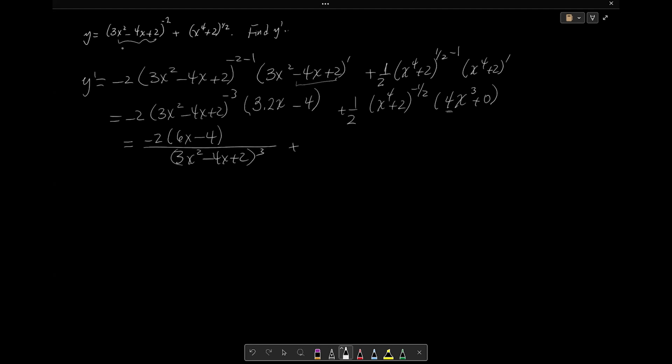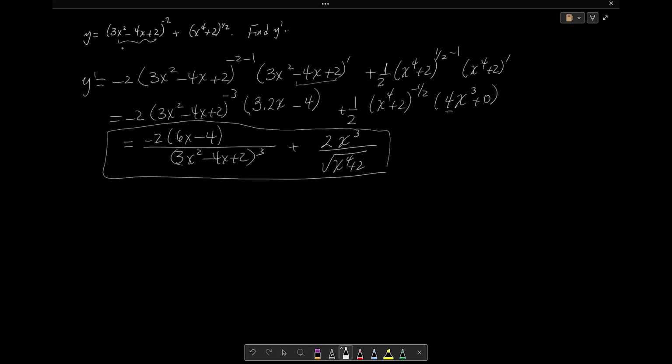Since 4x cubed plus 0 is just 4x cubed, this 4 and the 2 cancel out, give me a 2x cubed. Then bring that down, make it in the denominator as a square root. There's the answer. Right? So this is the chain rule.